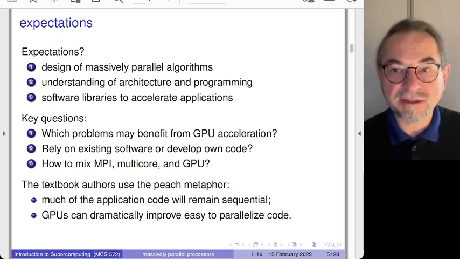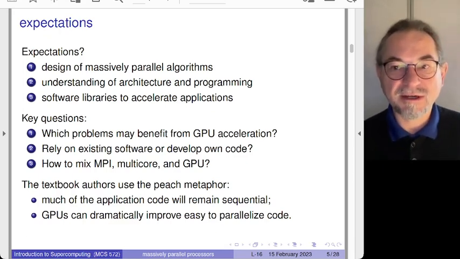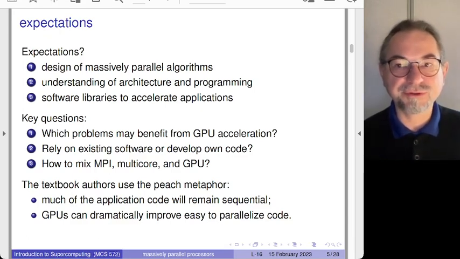So as before, the most convenient and often very effective way to do supercomputing is to apply existing software libraries that have been optimized and customized to accelerate certain types of applications. The benefit of this course is that you will get the understanding of whether you should accelerate your own software, or whether you should look for an existing package.